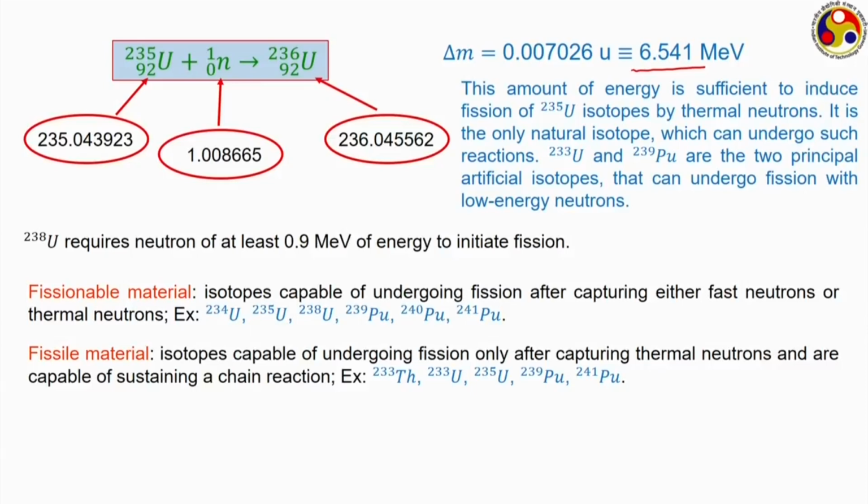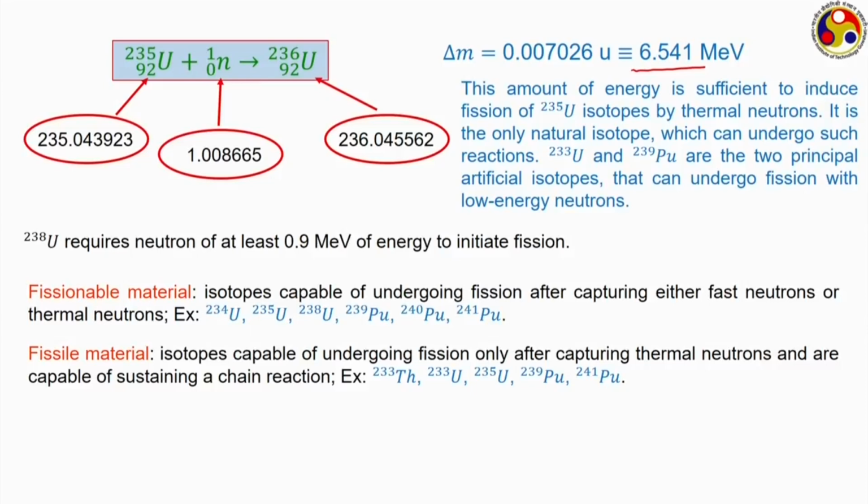When we strike any of these isotopes with a thermal neutron, it can lead to a fission reaction. We shall see later what a chain reaction means, but for the moment keep in mind that to identify something as a fissile material, two conditions must be satisfied. Number one, the isotope should initiate fission when struck by a thermal neutron, that is, it does not depend upon the high energy of the neutron. Secondly, after the fission reaction happens, it is capable of sustaining a chain reaction.